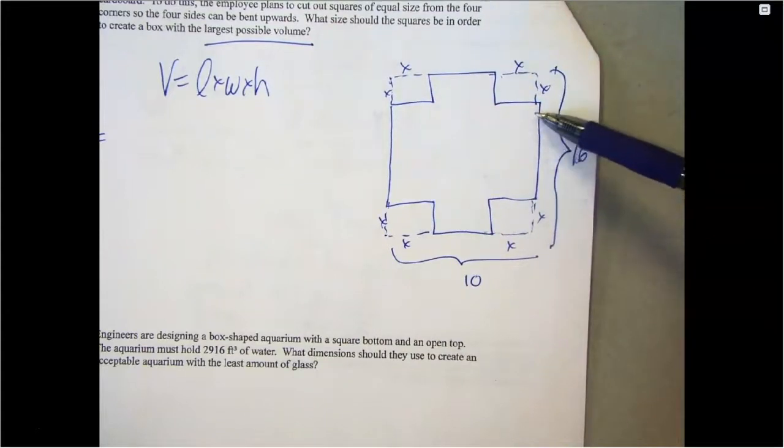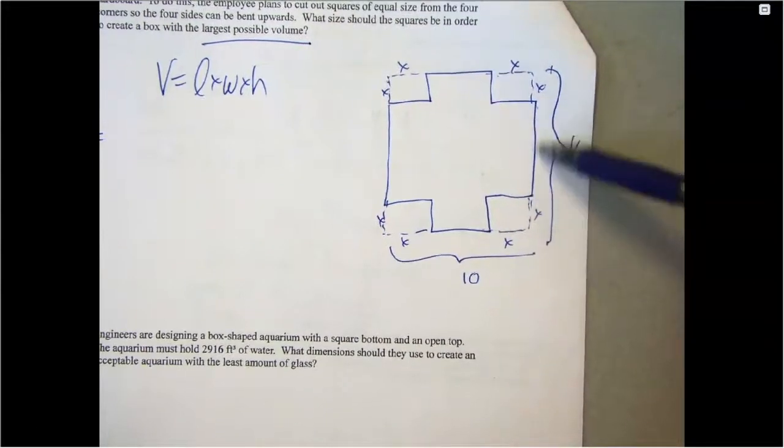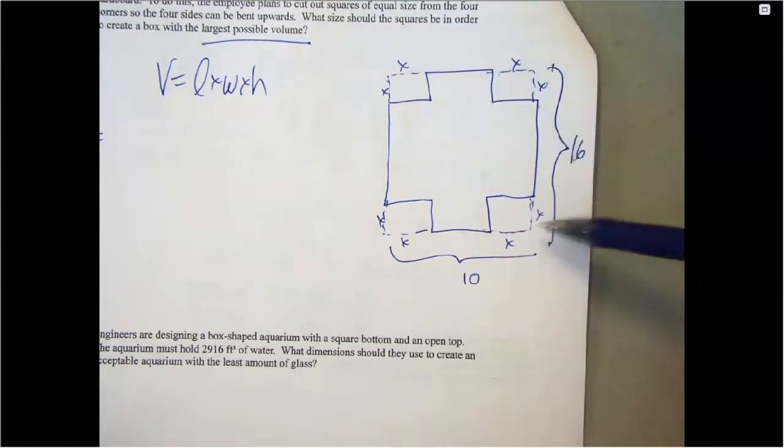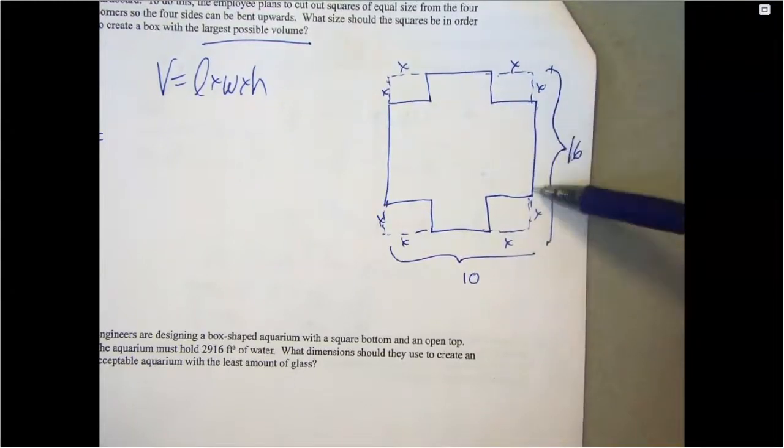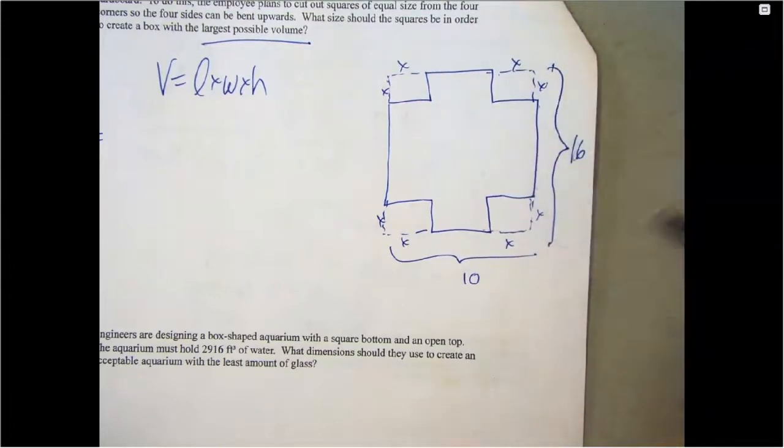But when I make my new box, the length will just be this portion of it here, because I will have lost x from this side and x from this side. So what is my new length? 16 minus 2x, right? So I had 16, but I took an x out from each side.